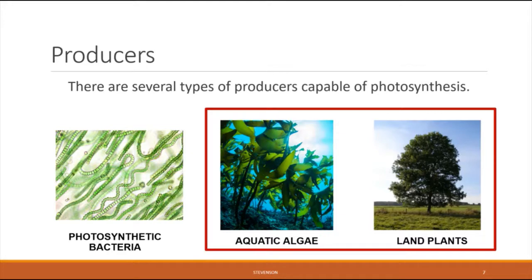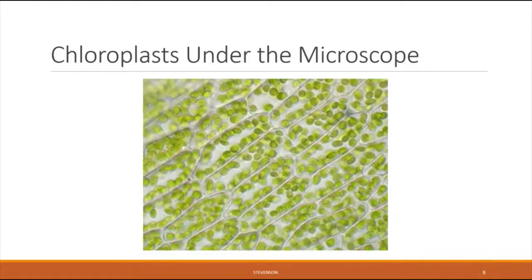This type of photosynthesis is a little bit different from the type done by bacteria, because while bacteria do not have any internal structures, as they are prokaryotic cells, algae and land plants are both eukaryotic cells, and therefore they have internal compartments that specialize in performing certain processes. And in aquatic algae and land plants, the special compartment or organelle where photosynthesis takes place is called the chloroplast.